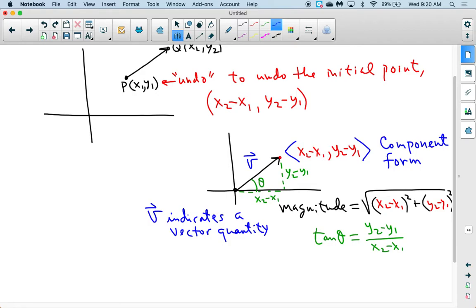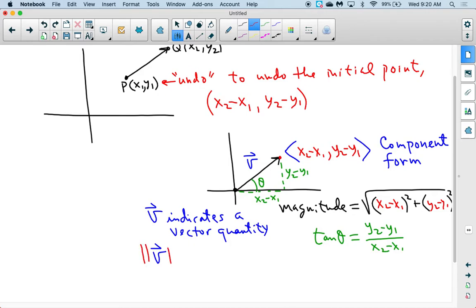For the magnitude, we use what looks like absolute value bars around the vector, and a lot of times they'll do double bars, just to emphasize that you're finding not technically an absolute value, but the length of a vector.